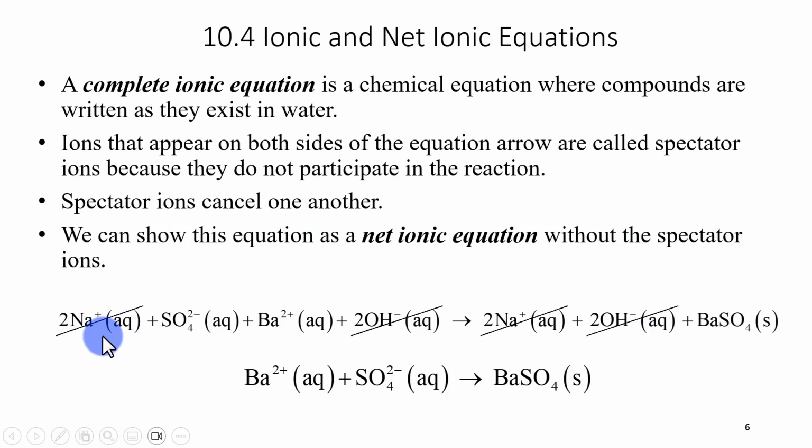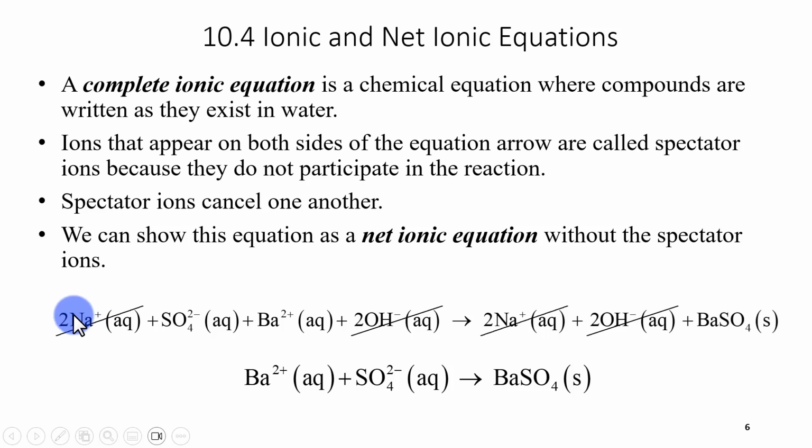Here is an example. If I put sodium sulfate in water, it's going to split into the sodium ions and the sulfate ions. Note that I have 2 sodium ions for every sulfate because sulfate has a 2- charge, whereas sodium has a +1. So in the formula, this would be Na2SO4. But once I put Na2SO4 in water, it will split into individual ions.